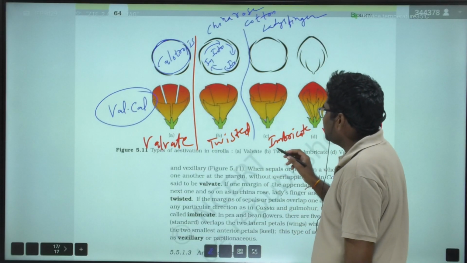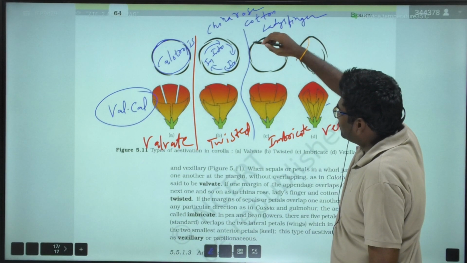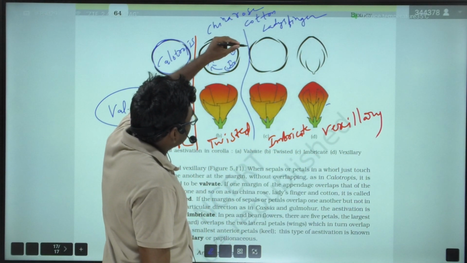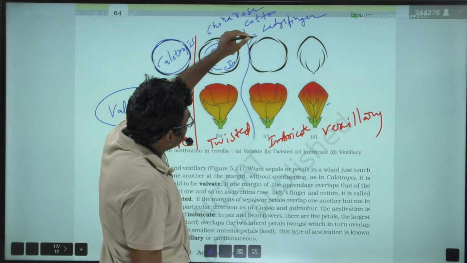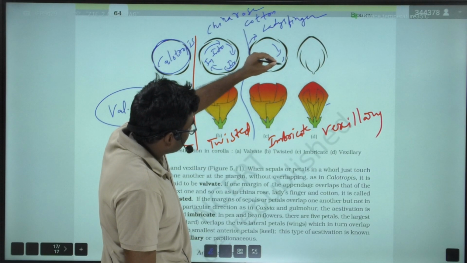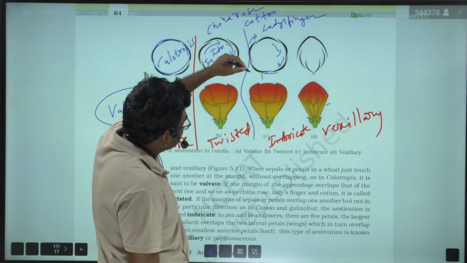And imbricate aestivation. If you look into the imbricate aestivation, here the overlapping is not in a particular direction. So one sepal overlaps out, another sepal overlaps in, another sepal overlaps in, another sepal overlaps out, and this one is out.